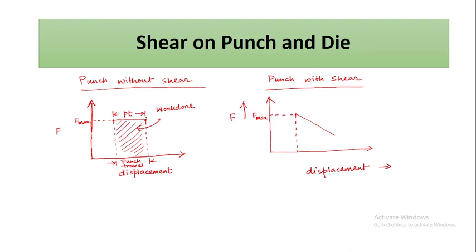In this case the punch has to travel the distance PT plus S. Up to this point, the distance traveled by the punch is PT, and then some extra distance the punch has to travel, that is S. So the total punch travel is, in this case, PT plus S.